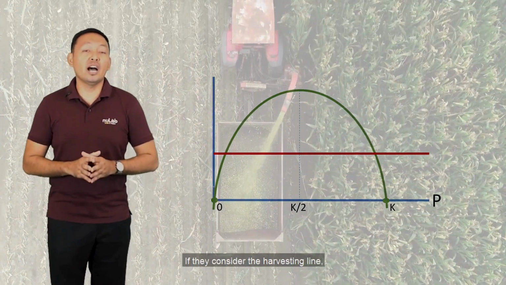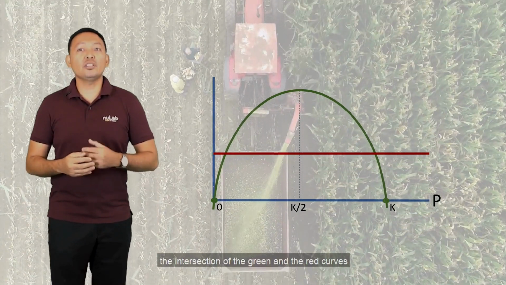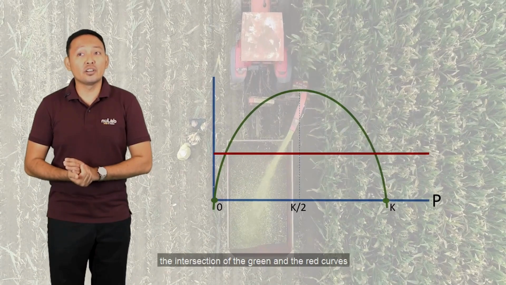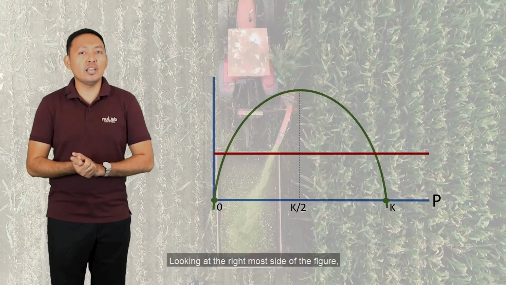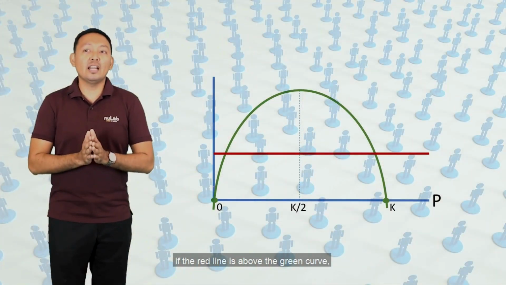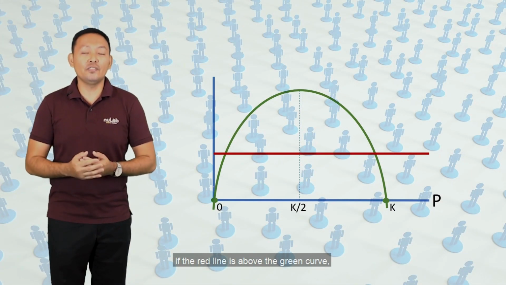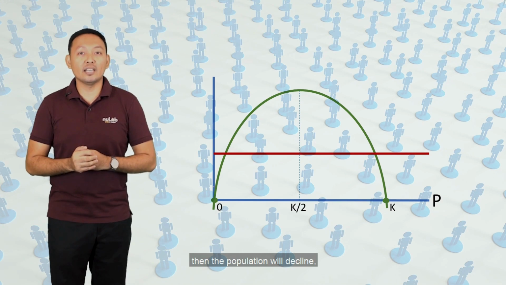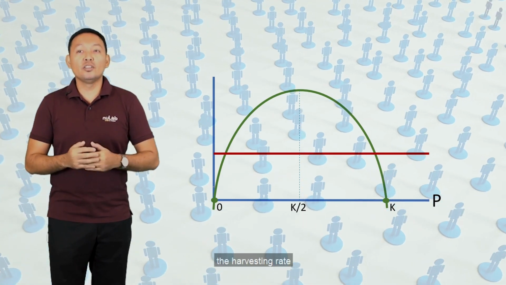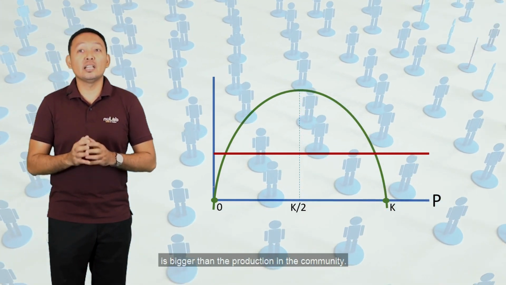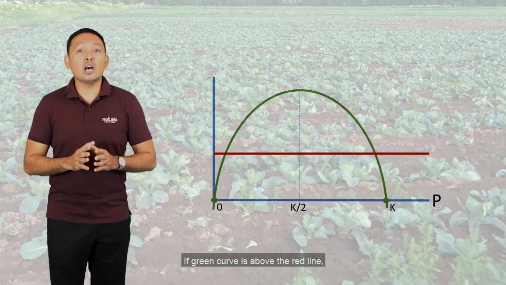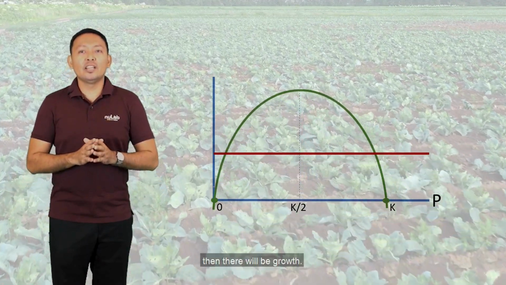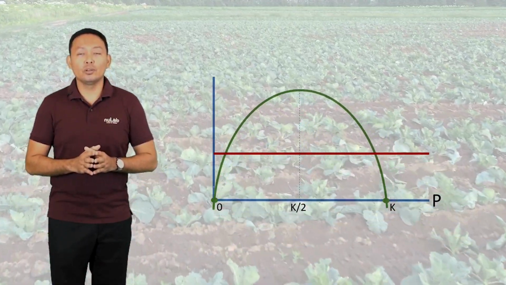If we consider the harvesting line, the intersections of the green and red curves are the new equilibria. Looking at the rightmost side of the figure, if the red line is above the green curve, then the population will decline. This is because the harvesting rate is bigger than the production in the community. If the green curve is above the red line, then there will be growth.